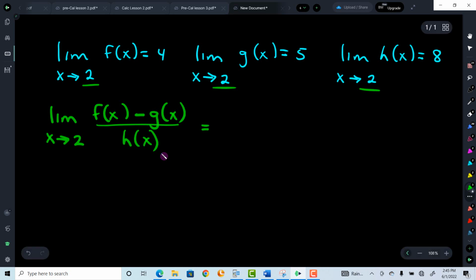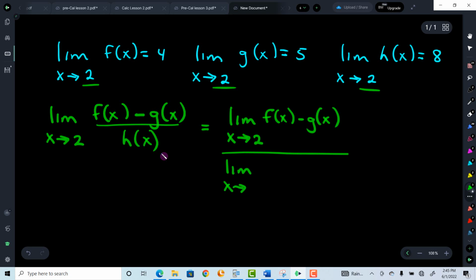So one of our properties says that when I have a rational expression, when I have a fraction, I can separate the numerator and the denominator. So I'm going to rewrite this as the limit as x approaches 2 of f of x minus g of x, and I'm going to divide that by the limit as x approaches 2 of h of x. Okay, so I took the limit and I separated those two as two separate limits.